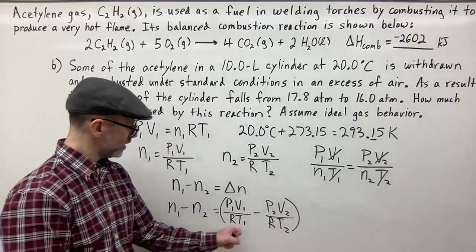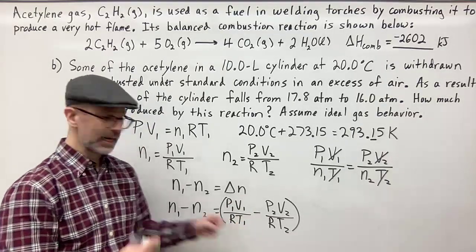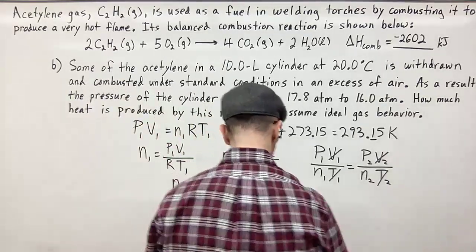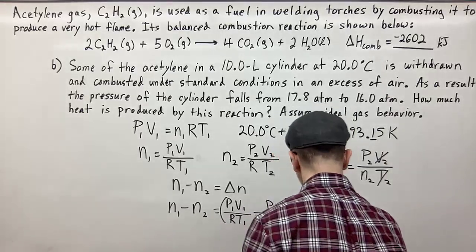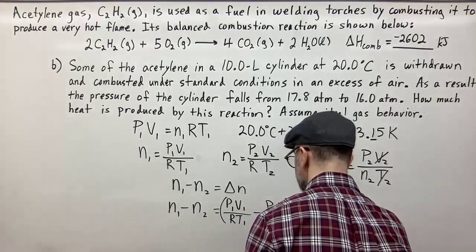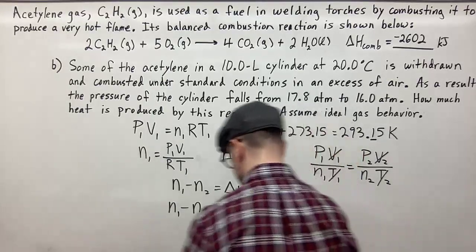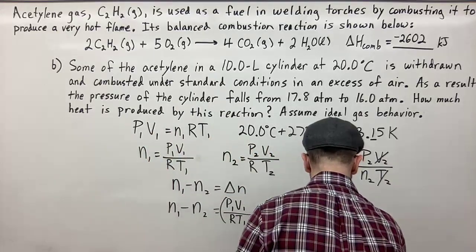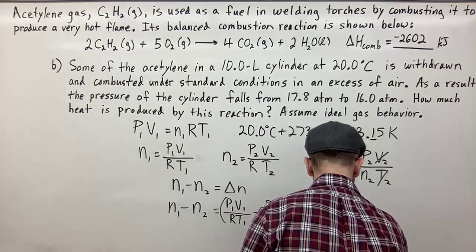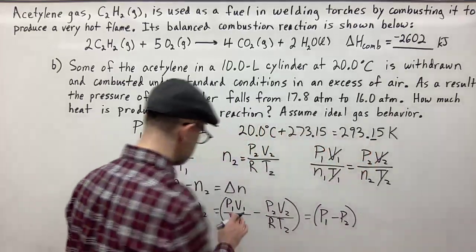But since temperature and volume and R are all constant, I can pull that out, right? So then this is going to be equal to P1 minus P2 multiplied by, and then I could just make these the same.